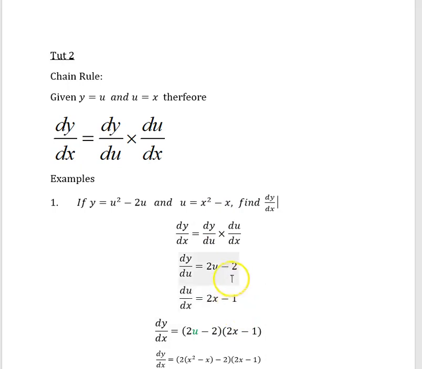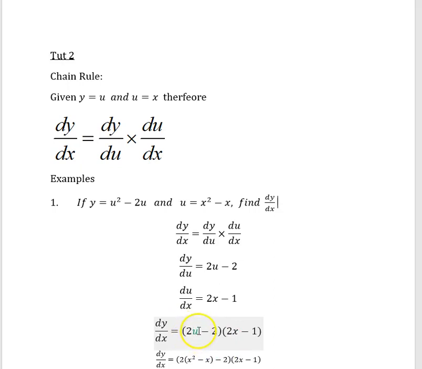So what you do now is that the 2 answers you have, for you to have your dy dx, you need to multiply them, as you have been told in the rule. So if I multiply the 2 answers I'm having, this is 2u minus 2 in bracket times 2x minus 1. Now, you need not open the bracket if you don't want to. All you need to do here is to make sure all the variables are in relation to x.